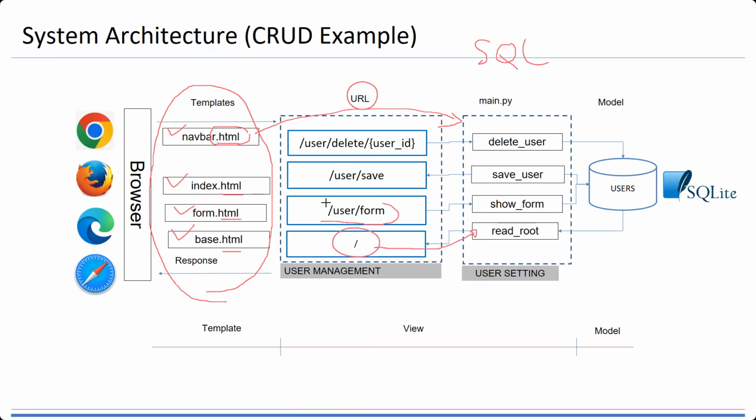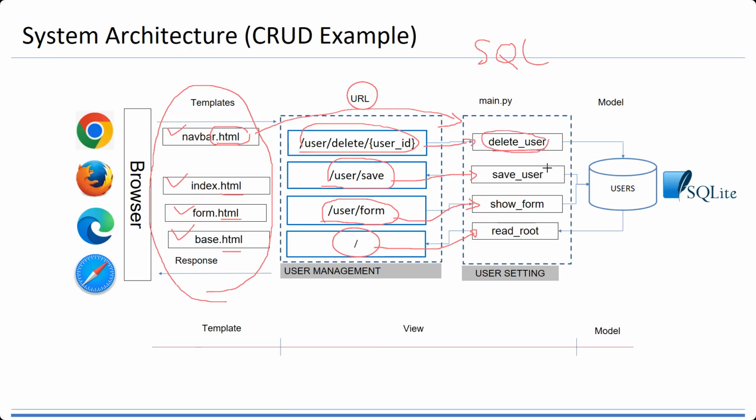For example, this one, I would like to connect to the form, a kind of form. And then this one is a URL to save some information about the user. And then this URL refers to a function related to deletion, or delete the user.